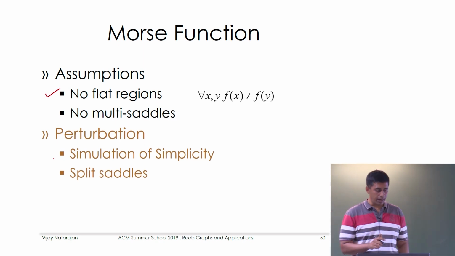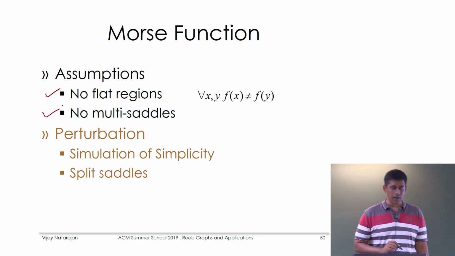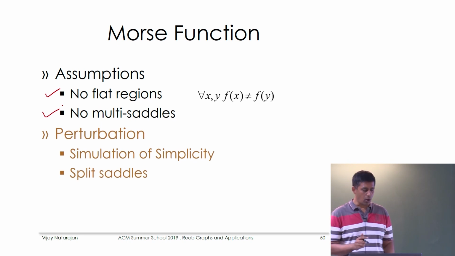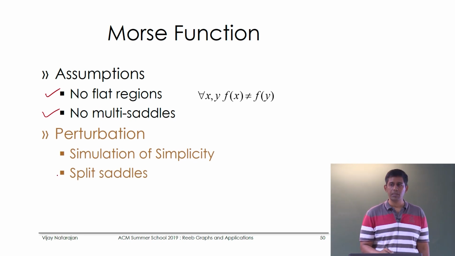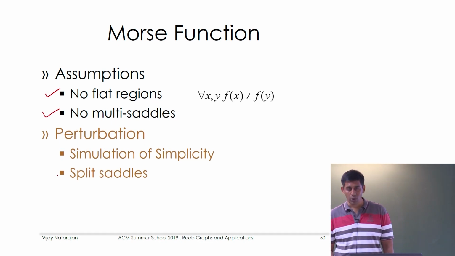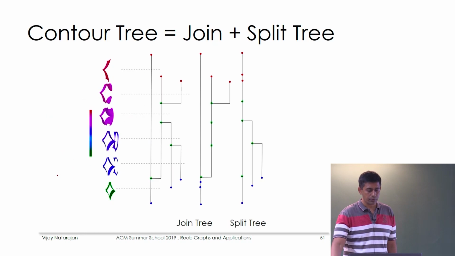And the second, no multi saddles, can also be handled explicitly by essentially the same algorithm or by splitting the saddles into simpler saddles. Again, this is a little bit advanced, so I will not talk about that. But all I am saying is that our assumptions are not too strong. It's okay to make these assumptions.